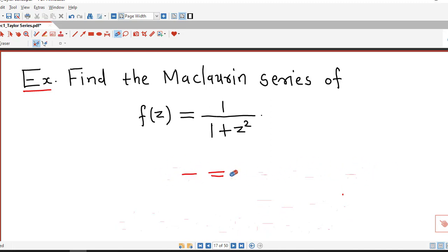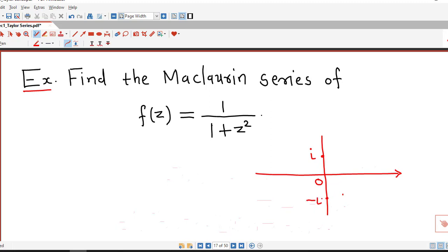And we are interested in the Maclaurin series. So center of the series is z equal to 0. And the points at which this function is not analytic are i and minus i. So distance of center from these 2 points is nothing but 1.